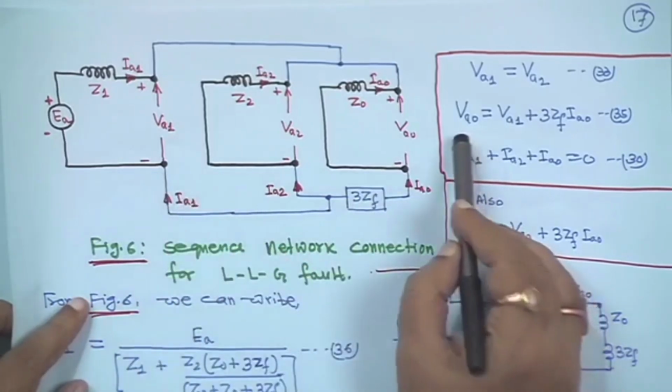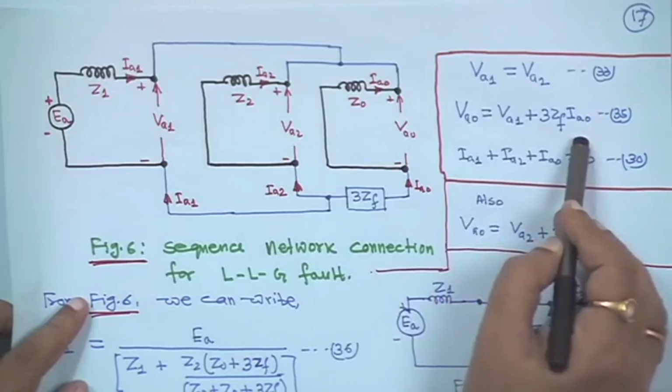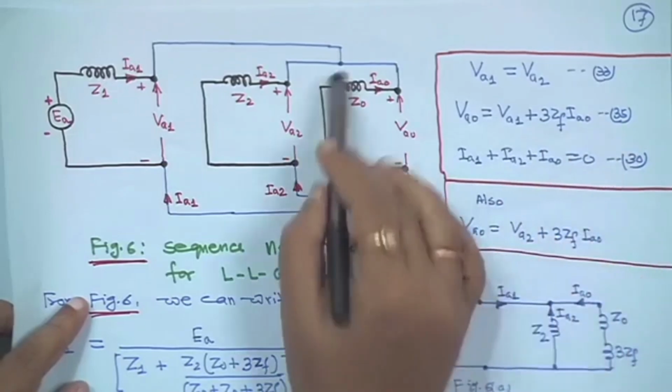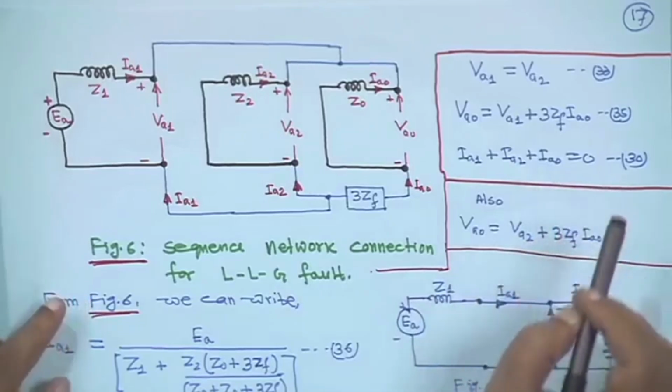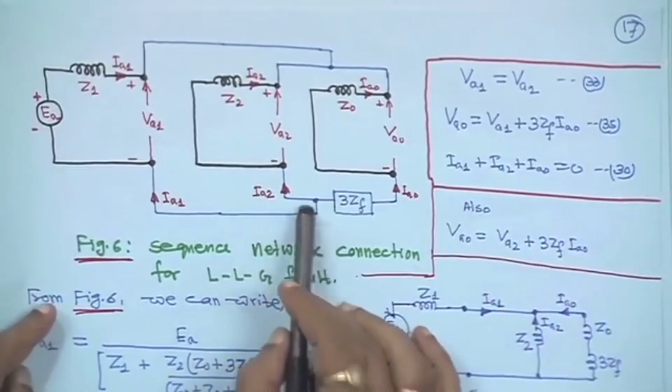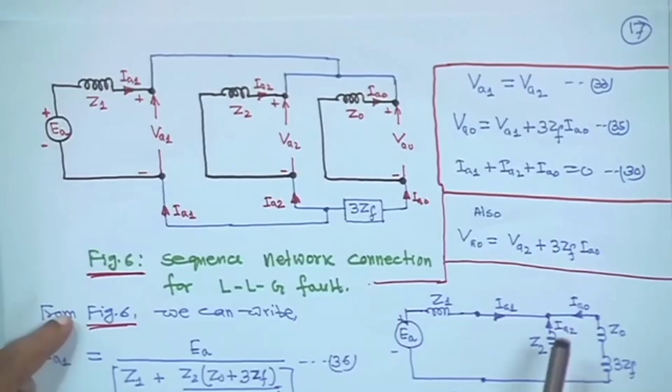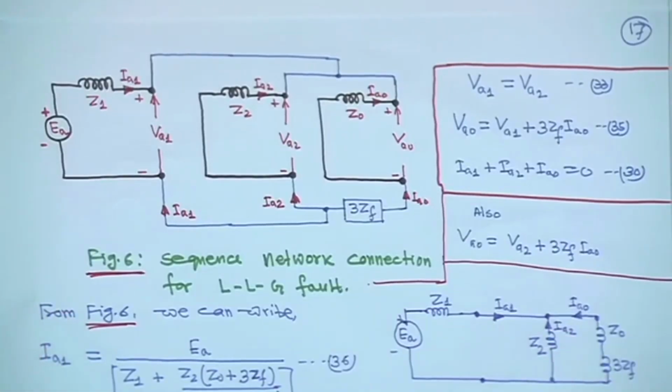That means VA0 equals VA1 plus 3 ZF IA0, and at this point IA1 plus IA2 plus IA0 equals 0. So this is the equivalent circuit connection for the double line to ground fault.